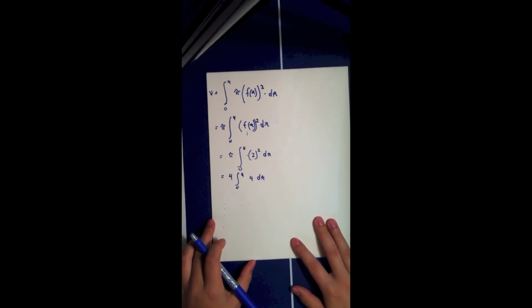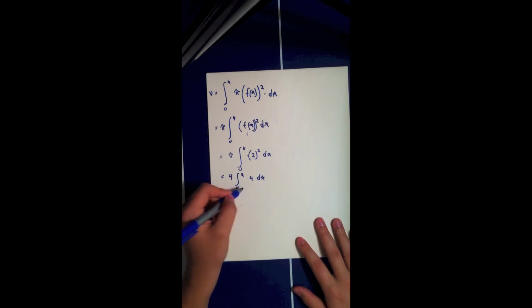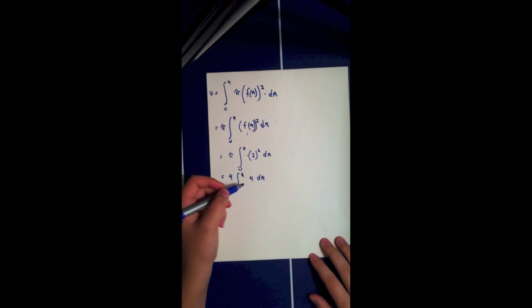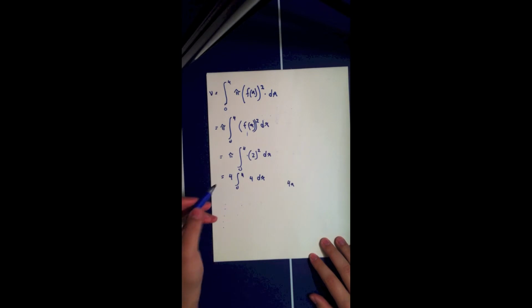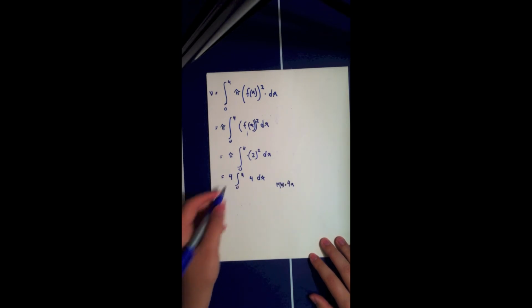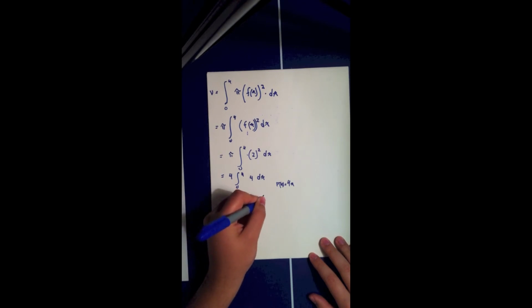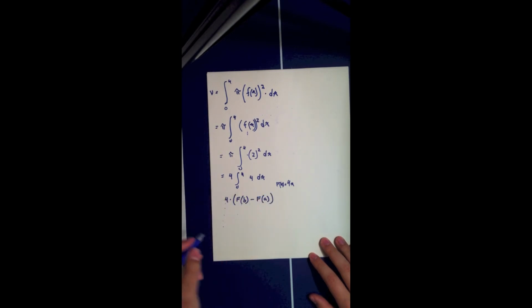Now here's where we use the FTC part 1. We find the antiderivative of the inside part, which is 4x. So that's big F of x, the antiderivative. This expression is equal to pi times F of b minus F of a. That's just your FTC part 1.